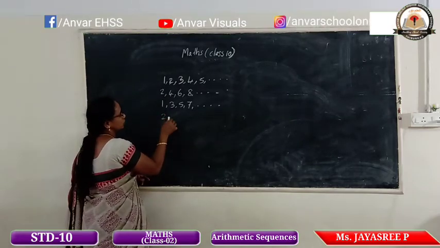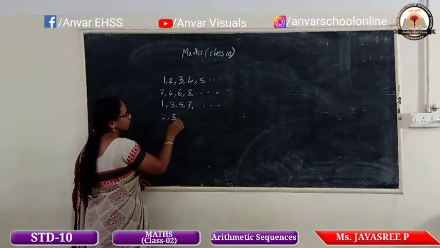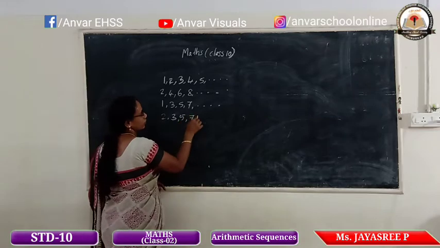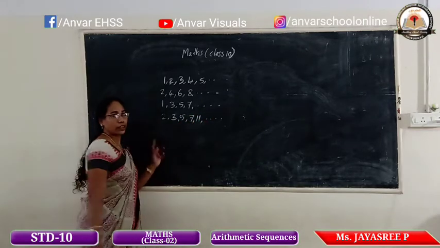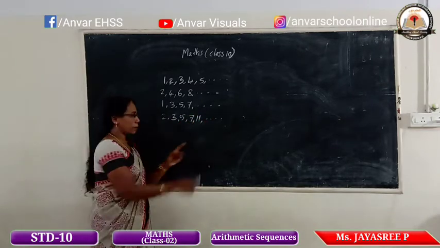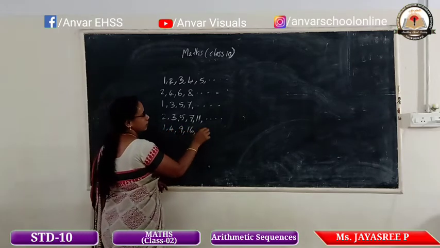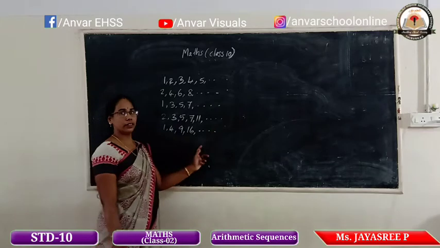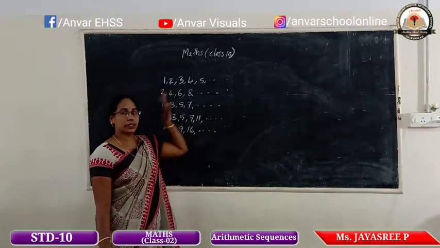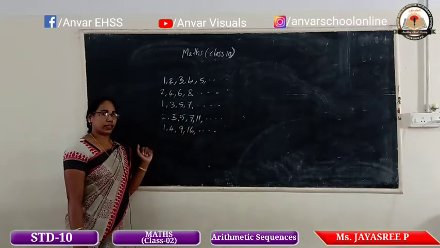Then 2, 3, 5, 7, 11, etc. are prime numbers. 1, 4, 9, 16, etc. are perfect squares. These are the number sequences that we have learned from the last class.